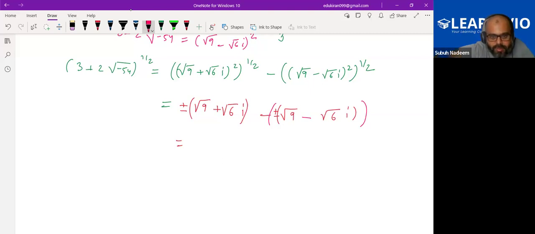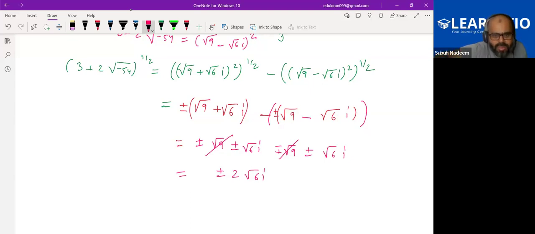So this would become plus minus root 9 plus minus root 6 iota, and minus plus root 9, and this would become plus minus root 6 iota. Fine. So plus minus root 9 and minus plus root 9 will cancel. And plus minus root 6 iota plus minus root 6 iota will be plus minus 2 root 6 iota.